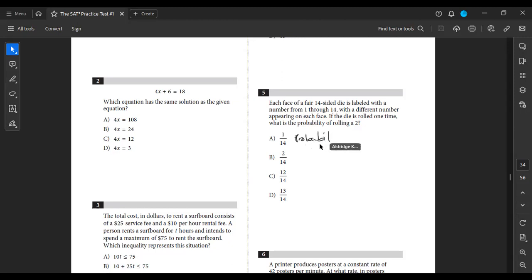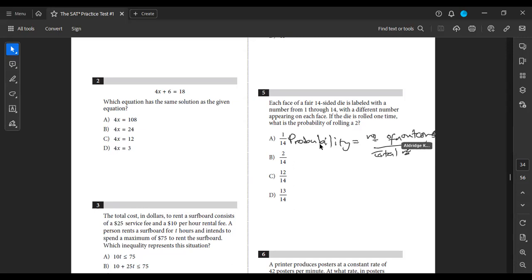Exactly. So probability is, let's come up with our own formula: probability is the number of desired outcomes over the total number of outcomes.